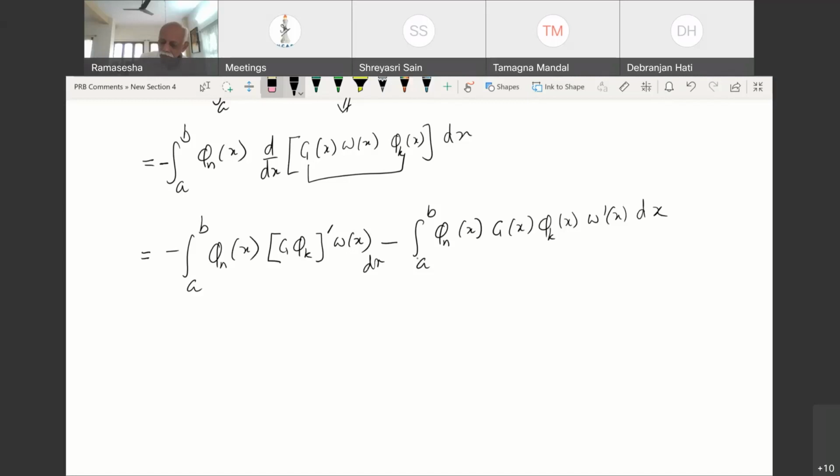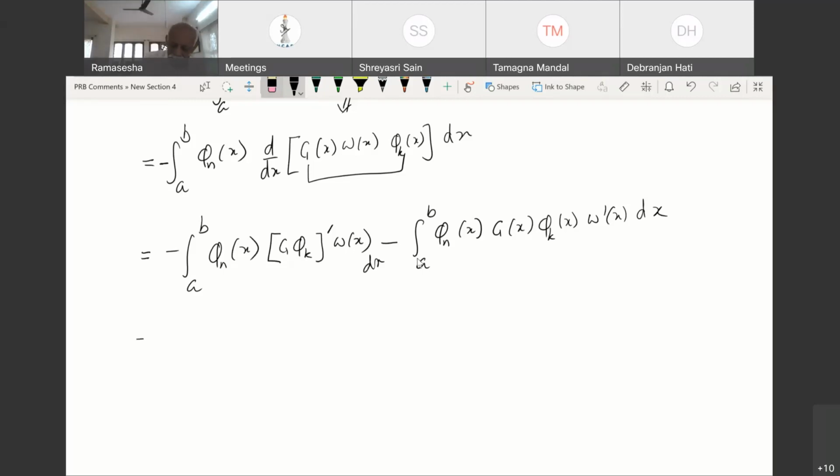So all I have done is integrate by parts, and I use the boundary condition that if I integrate by parts, this is what I get. Now let me see how I can simplify it.